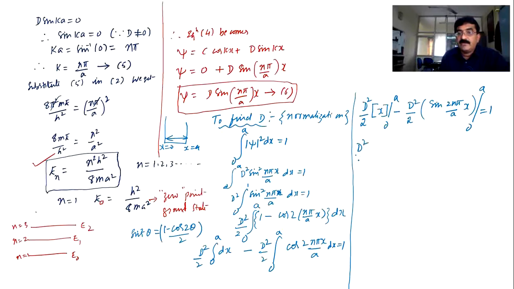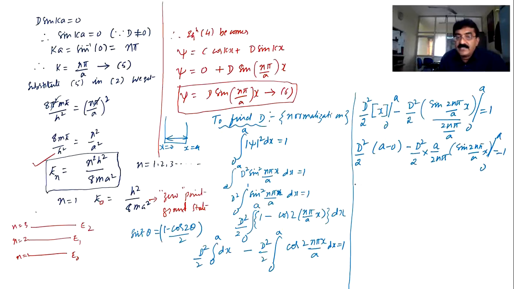It becomes D square by 2 into a minus 0. Of course, divided by 2n pi by a, this is the integration of cos 2 theta. Minus D square by 2 into a divided by 2n pi, whatever is in the denominator goes to the numerator, into sine of 2n pi by a x between the limits 0 to a is equal to 1.